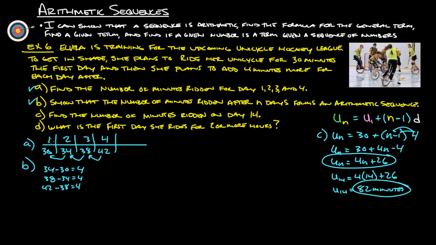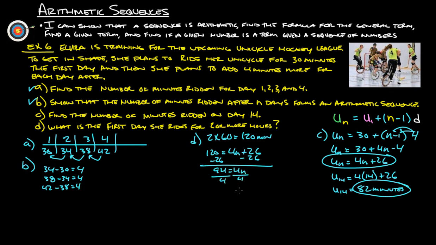And then part D, what is the first day she rides for 2 or more hours on the unicycle? That's a lot. 2 times 60 is 120 minutes. So we want to know when this formula is going to equal 120 minutes or more. So we've got 120 equals 4n plus 26. Subtract 26 from both sides, and we get 94 equals 4n.